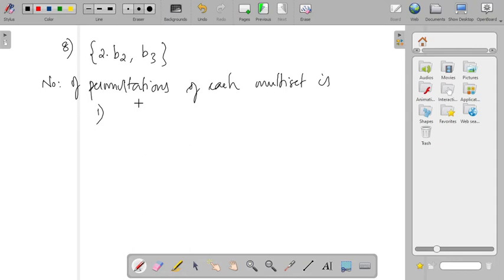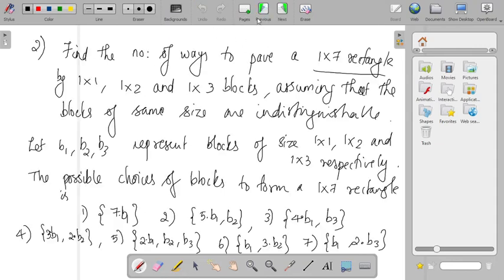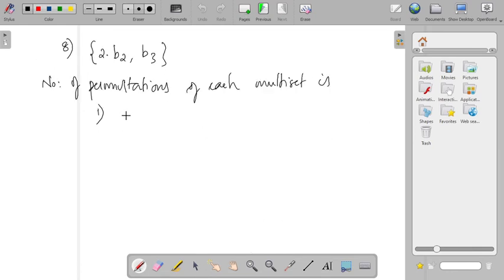so for the first one it will be 7 factorial by 7 factorial. These are the total number of objects, and these are identical objects, so there is only one such arrangement.